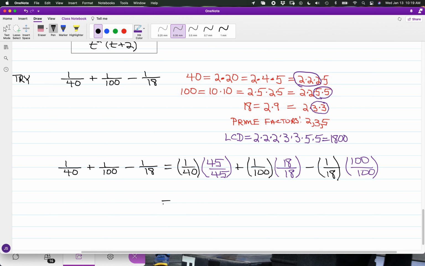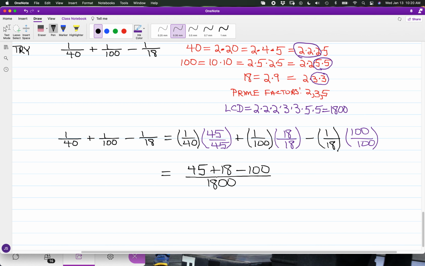So in the rewrite, all these fractions will have a denominator of 1,800. And looking at the numerators, you got 45, then plus 18, and then minus 100. And here we have 45 plus 18 is 63.